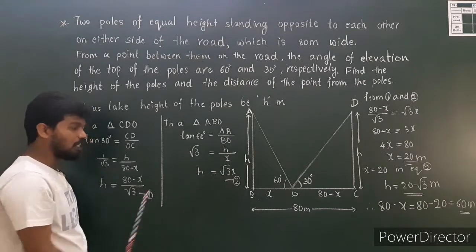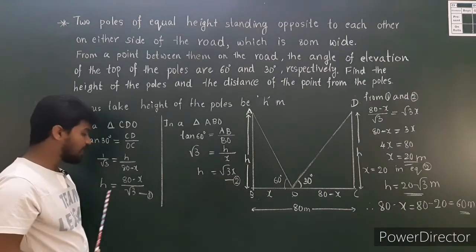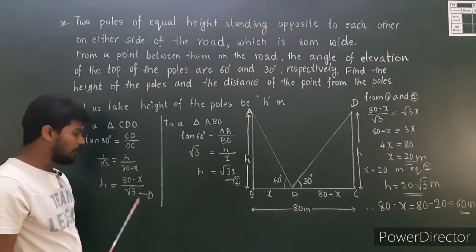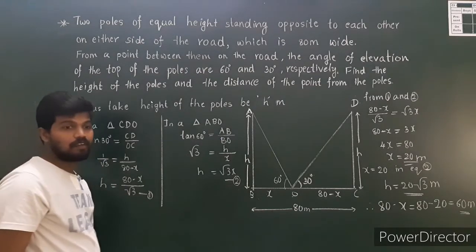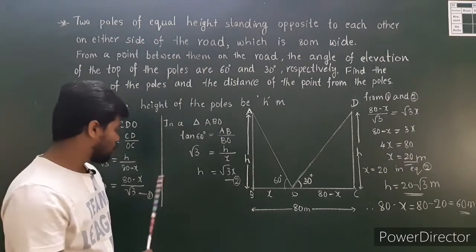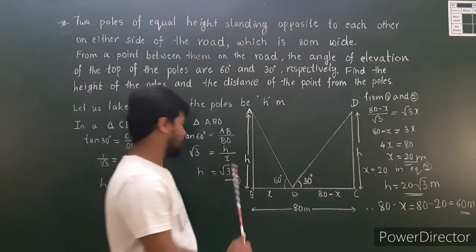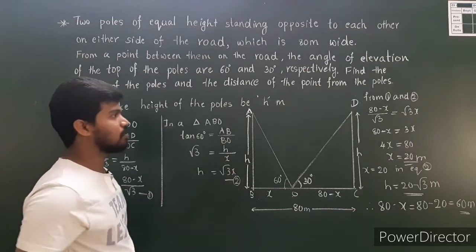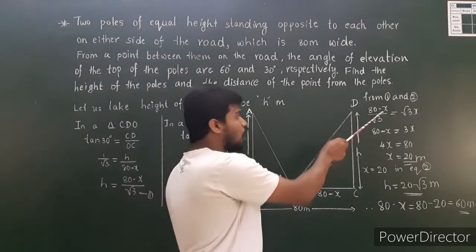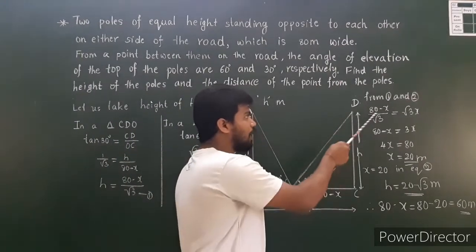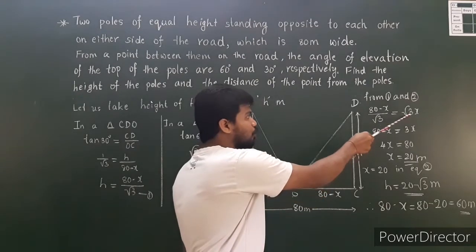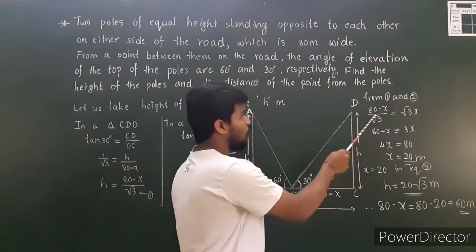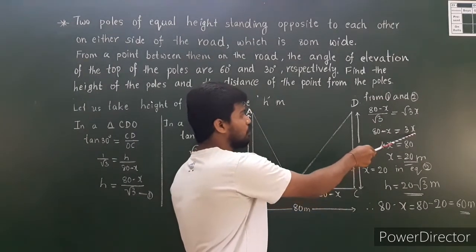You see that in both equations 1 and 2, the LHS has the common term H, therefore you equate the RHS. So from 1 and 2, you get (80 minus X) by root 3 equal to root 3 X. Using cross multiplication, root 3 into root 3 you get 3, so 80 minus X is equal to 3X.